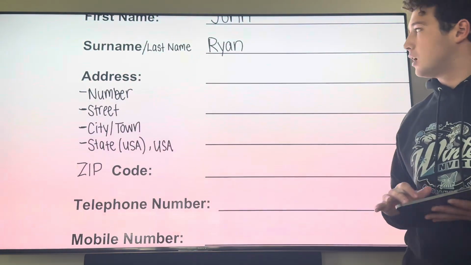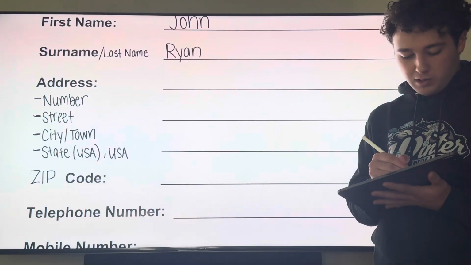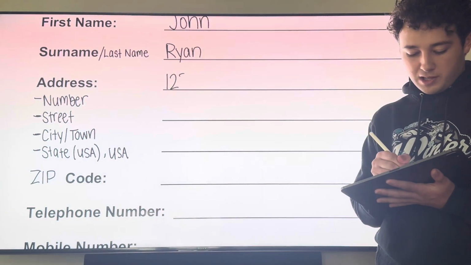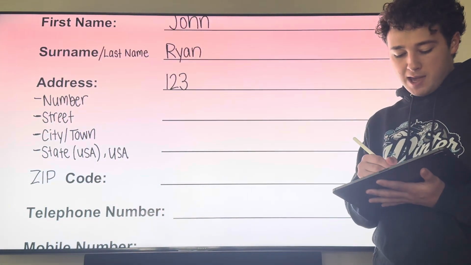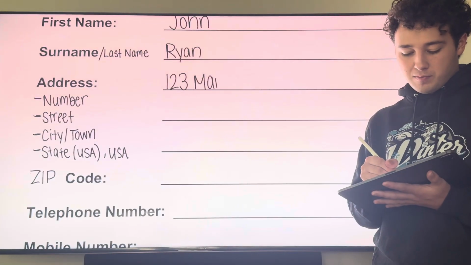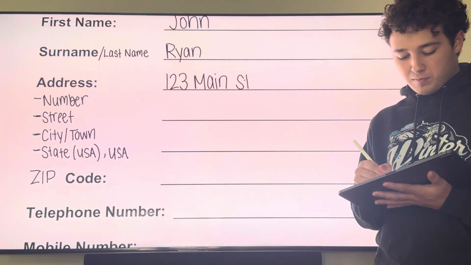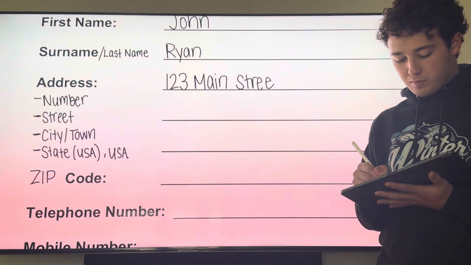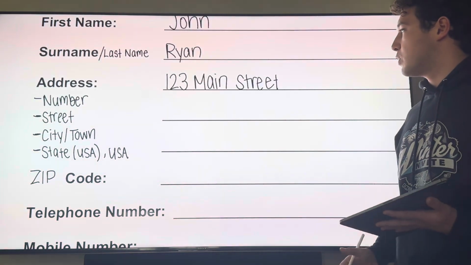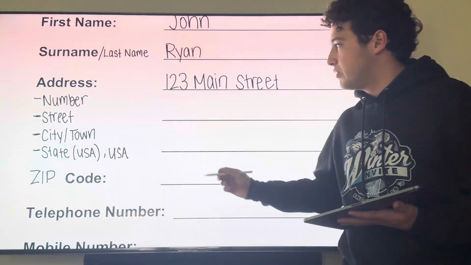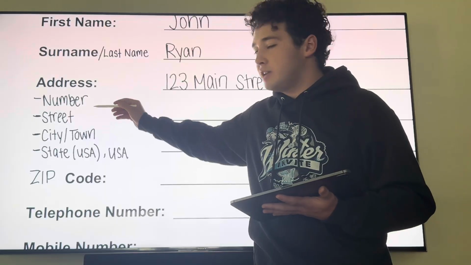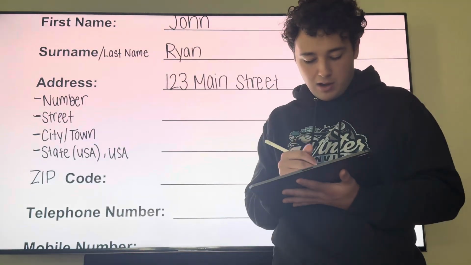So let's start here. The number will be 123 Main Street. So we've got the number, we've got the street. Now we need the city or the town.